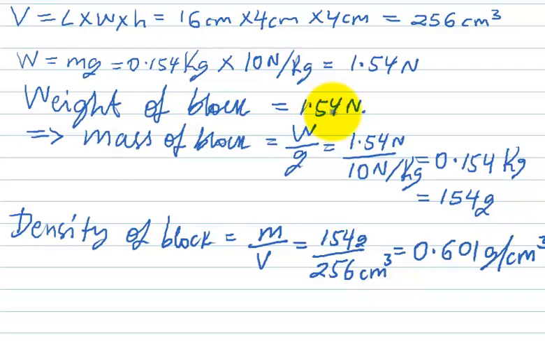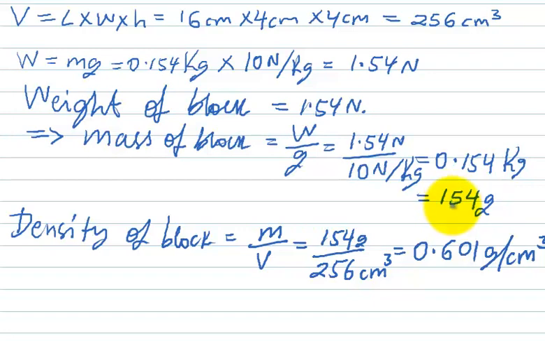At this point, we recall the relationship between mass and weight. Mass of the block is equal to weight of the block divided by the gravitational field strength at that place. And that is how we got the mass to be 0.154 kilograms, which is of course 154 grams.